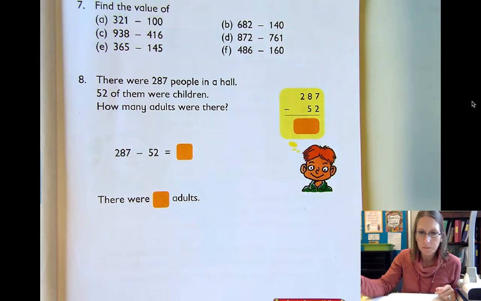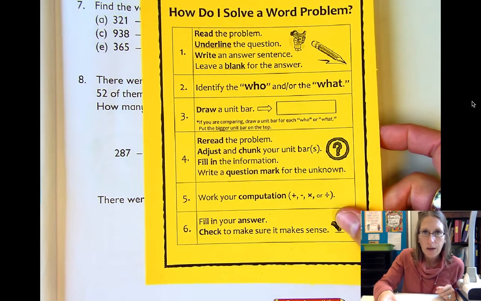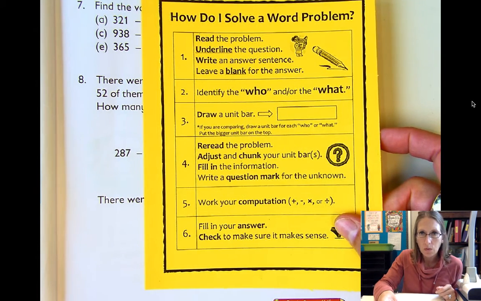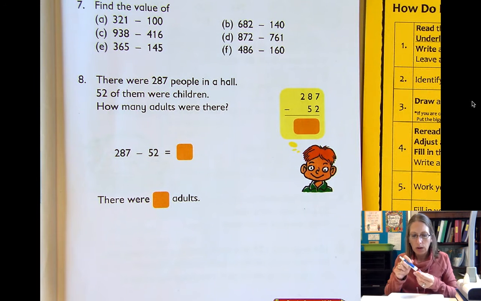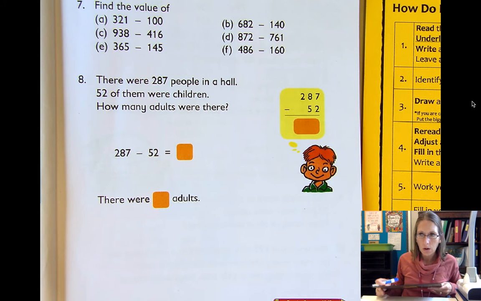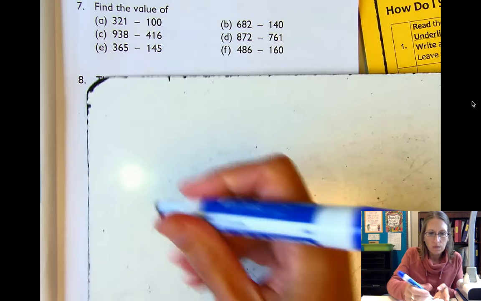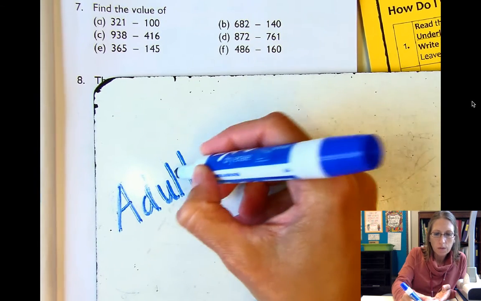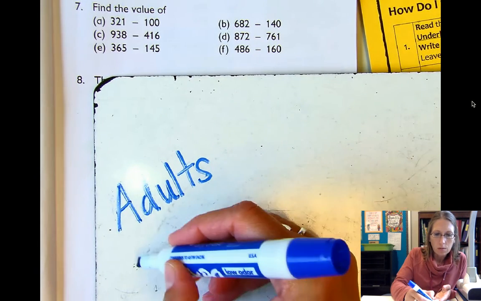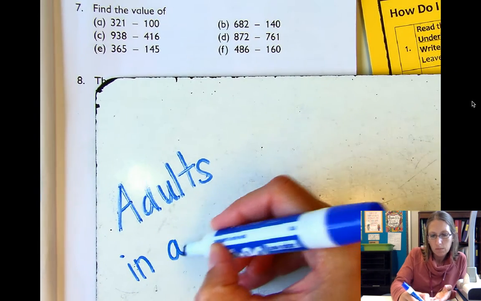All right, then we're going to identify the who and or the what. So the who, we are trying to find out how many adults were in a hall. So that's my who, adults in a hall, we could say.